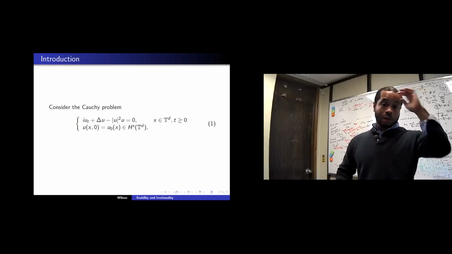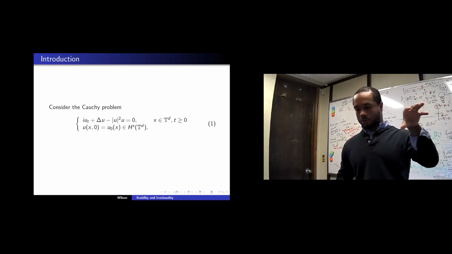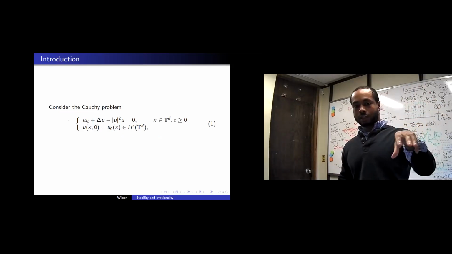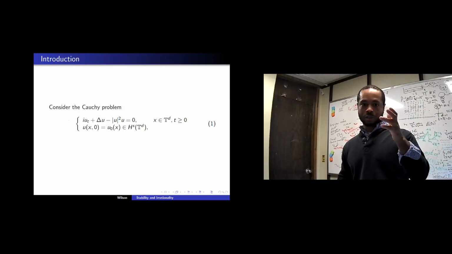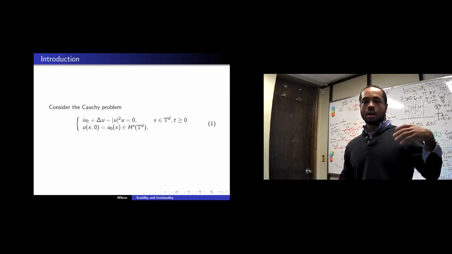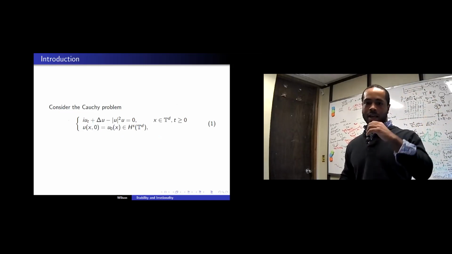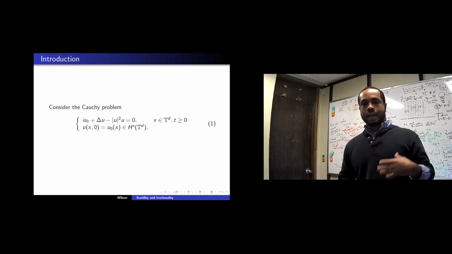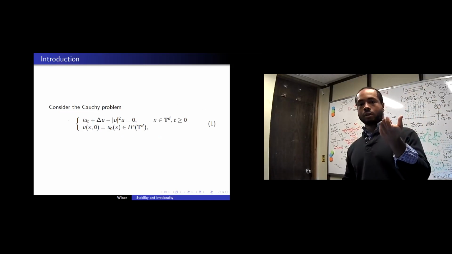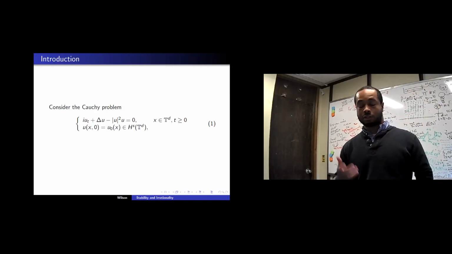Okay, so what I'll do is introduce essentially the model that we're looking at. We're looking at an evolutionary equation, the cubic nonlinear Schrodinger equation, and in particular the Cauchy problem. My physical space is compact, so I'm looking at the d-dimensional torus, and what I'll describe as the irrational nonlinear Schrodinger equation is particularly when we rescale the aspect ratio for a flat torus so that the aspect ratio is irrational.